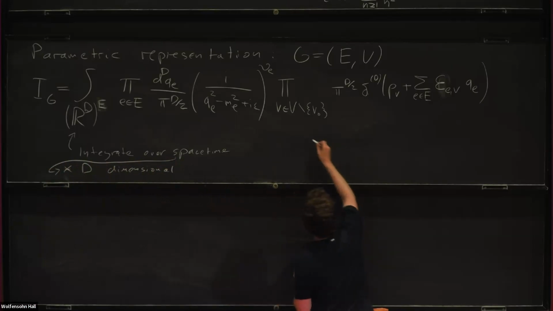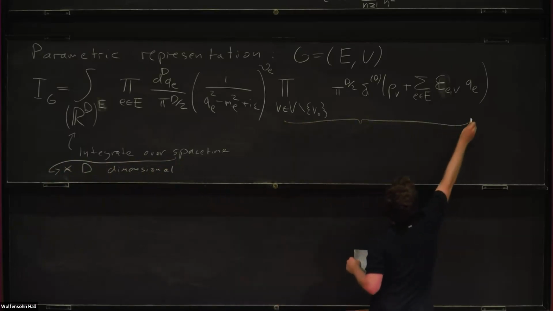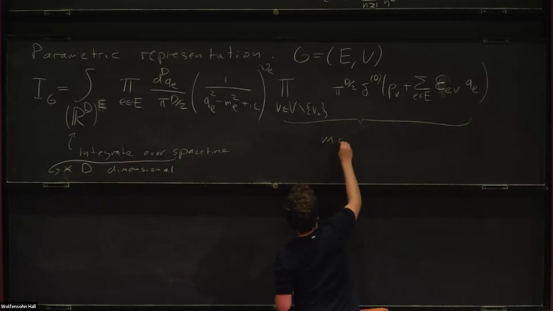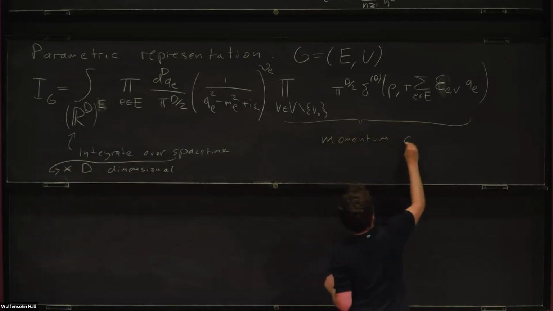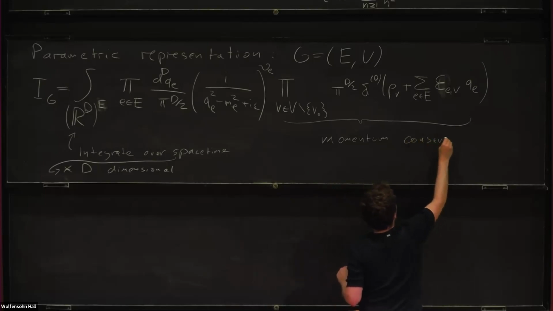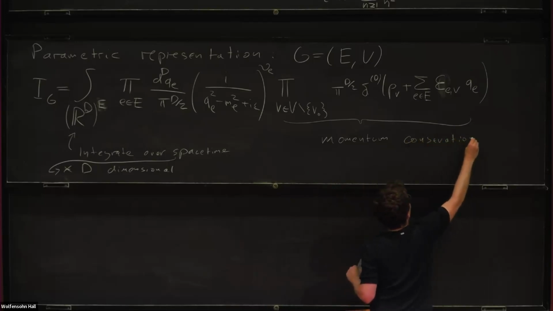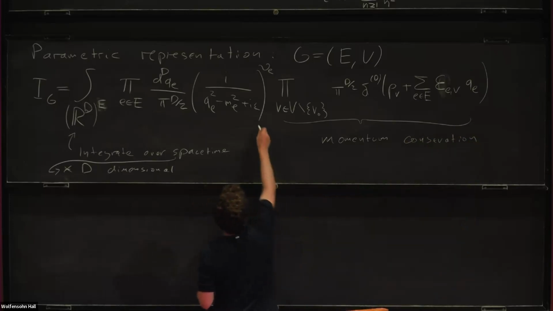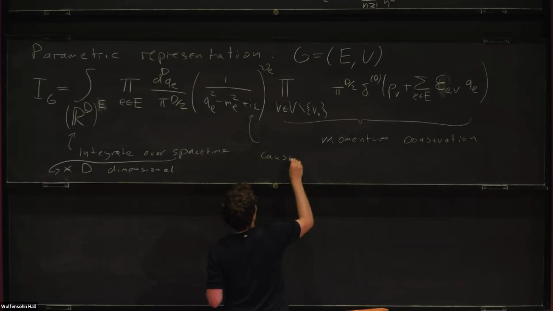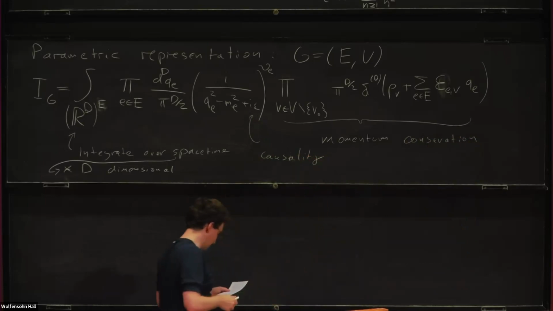And this stuff here ensures momentum conservation. And this epsilon is for causality. And these nu e are some propagator powers.